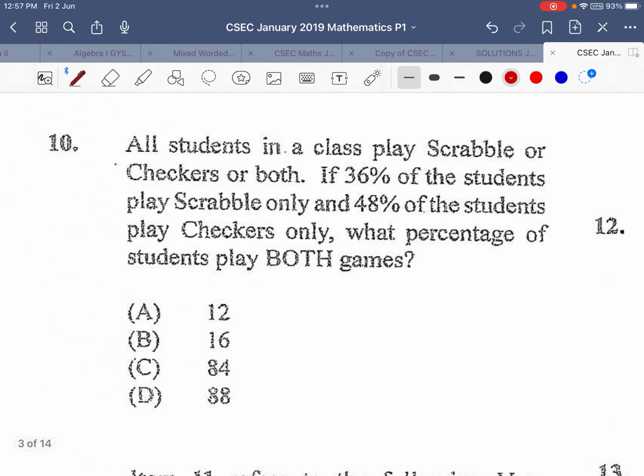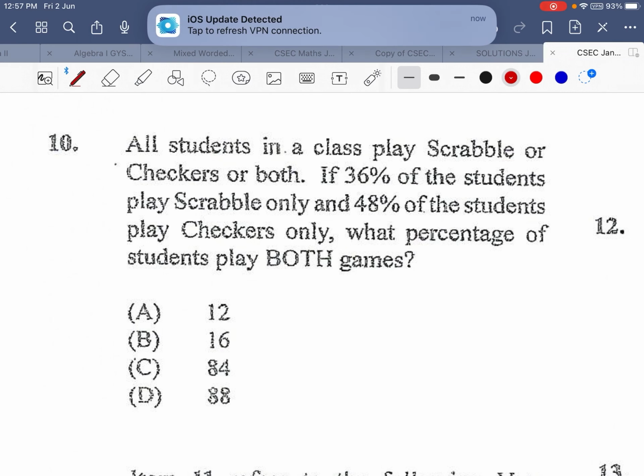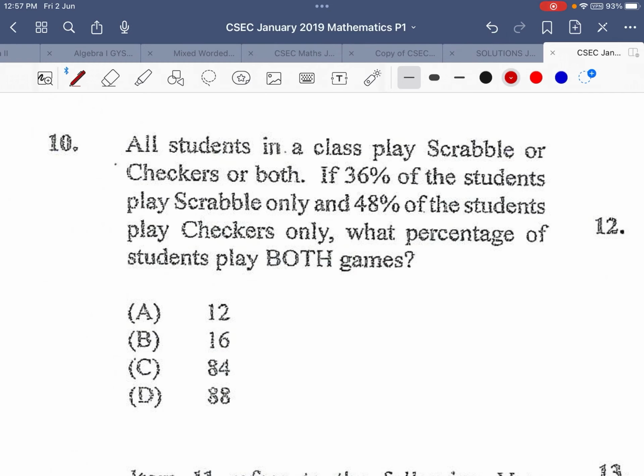Okay, for number 10, all students in a class play Scrabble or checkers or both. If 36% of the students play Scrabble only and 48% of the students play checkers only, what percentage of students play both games?